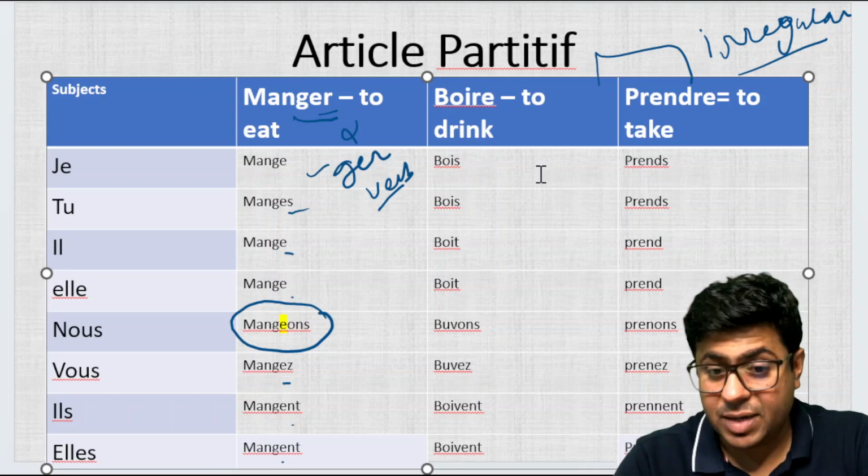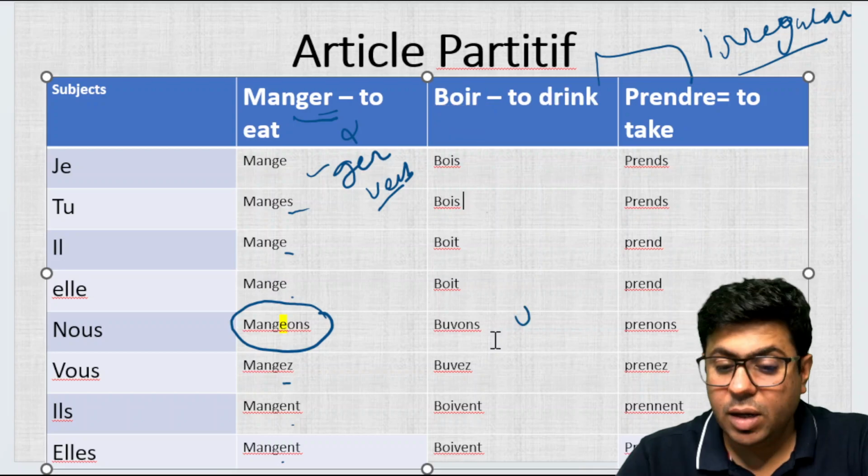The verb is boire: je bois, tu bois, il boit, elle boit, nous buvons, vous buvez, and the last one is ils boivent and elles boivent. You got it?